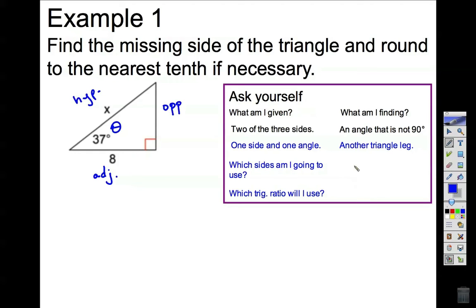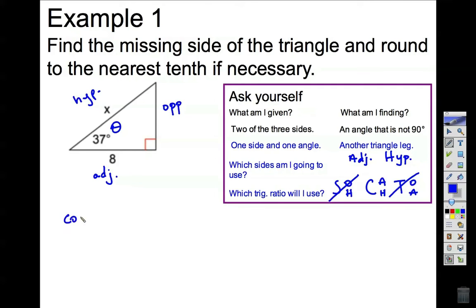So I am pretty much using adjacent and hypotenuse. Which trig ratio am I going to use? This one does not have adjacent, this is for sine. For tangent, it does have adjacent, but it does not have the hypotenuse, so I'm not using this one. I'm using cosine.